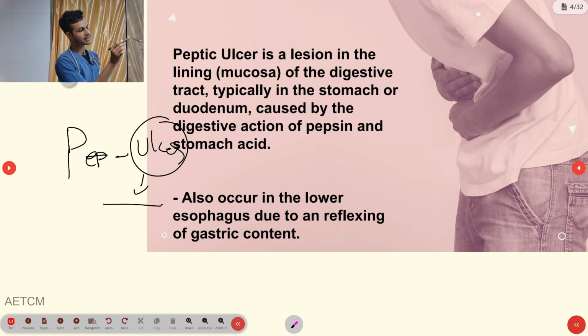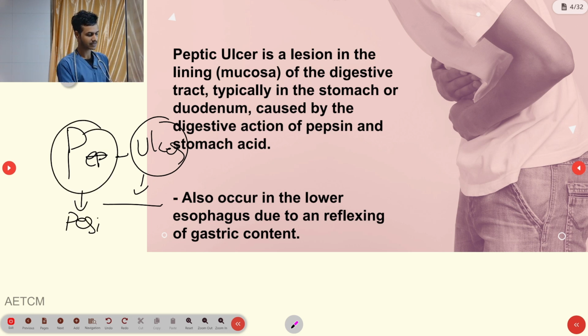So here peptic is referring to pepsin. Okay. So here the ulcer forms because of the digestive action of pepsin and the stomach acid, that is called the peptic ulcer.